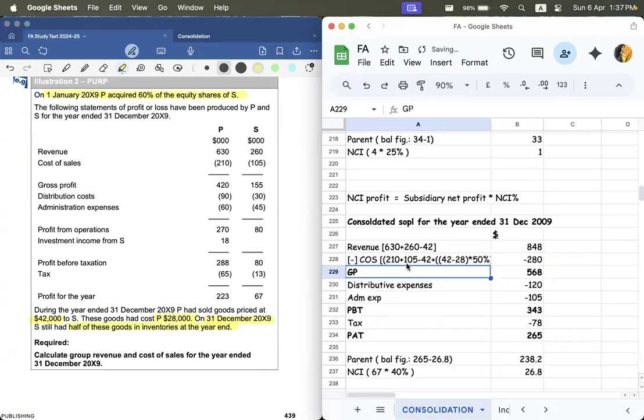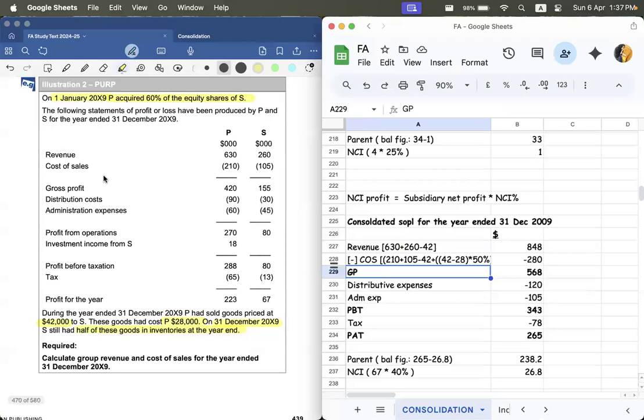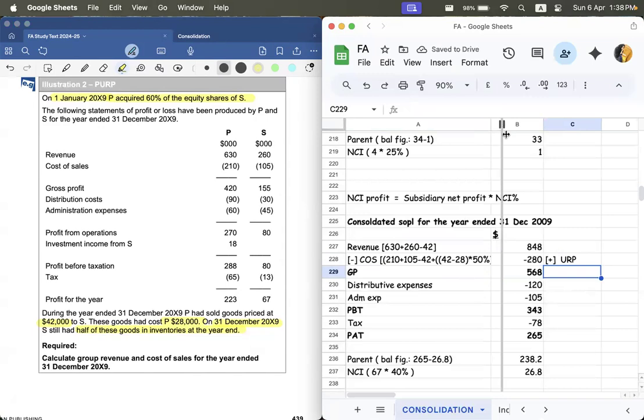Here you take the 210 plus 105, and you remove the 42. Now the twist happens when there is URP. You add the URP to cost of sales. Simple.